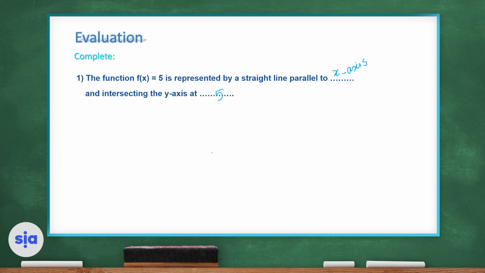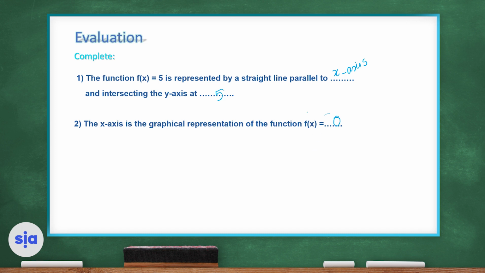Question 2: the x-axis is the graphical representation of the function f of x equals what? It's a horizontal line, so it's a constant, cutting y at 0. So it's f of x equals 0.